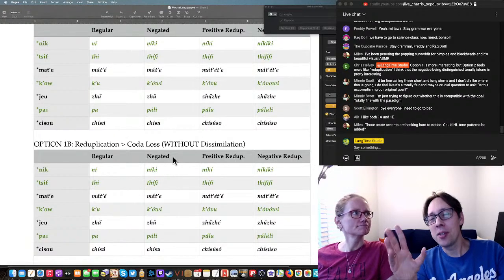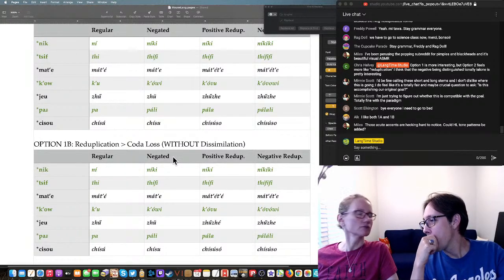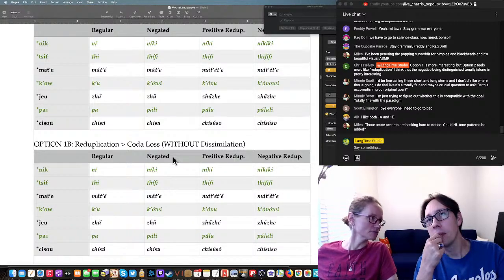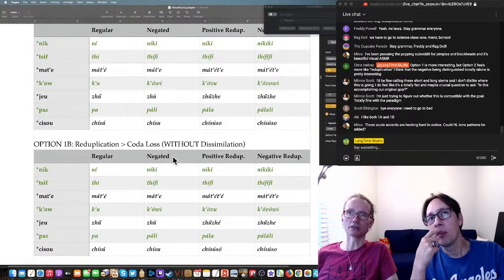The incorporated nouns can all be monosyllabic. They can all be CVC forms. Reduplication, by the way, was never a patron vote, right? We just decided that in a live stream. So this is not going against any sort of spirit of actual votes. This is just like, how are we going to realize it? And when is it going to happen in the historical process?